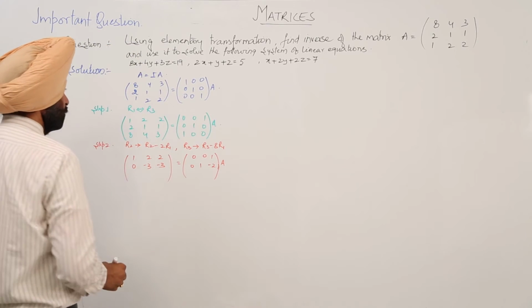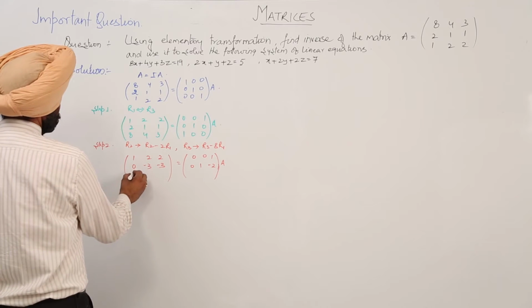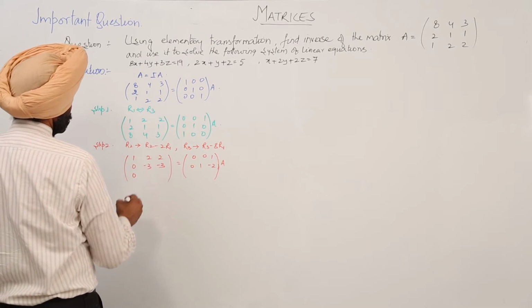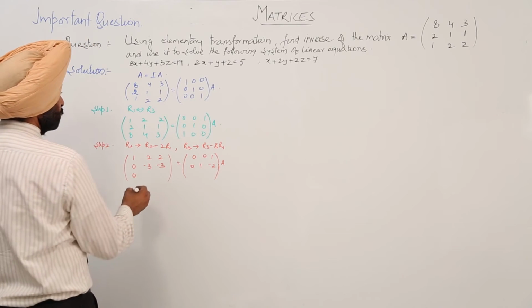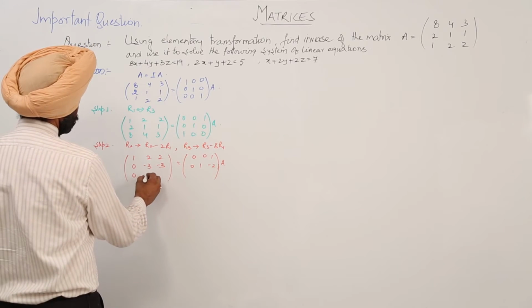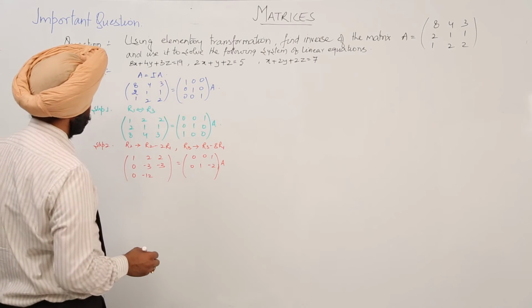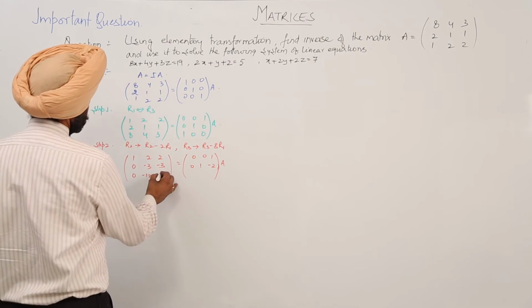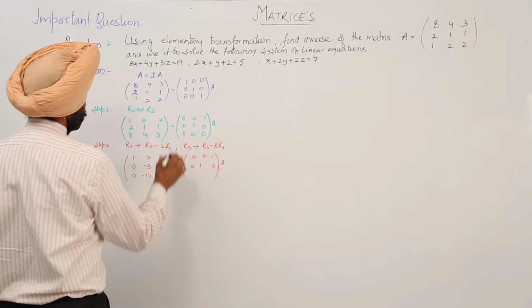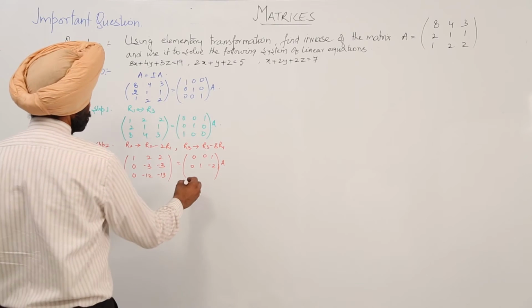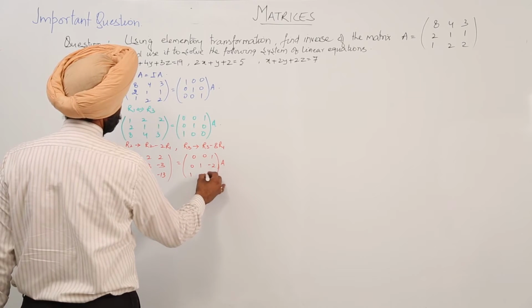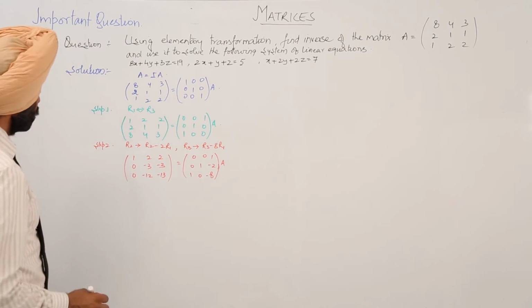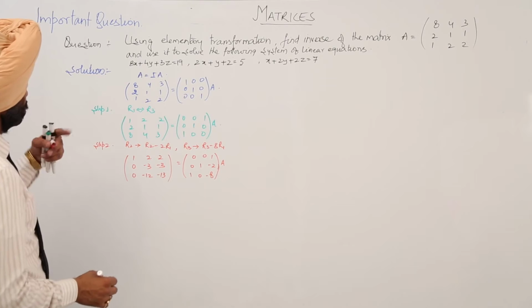For next step, we are having here 0, then 4 minus 16 is minus 12, and 3 minus 16 is minus 13, equal to 1 0 and minus 8.